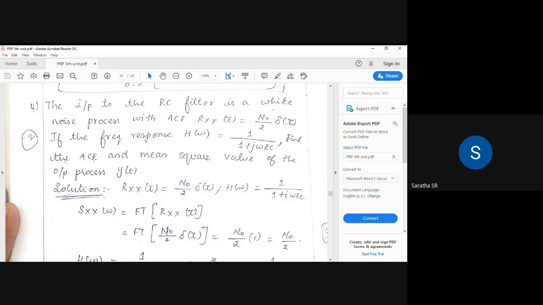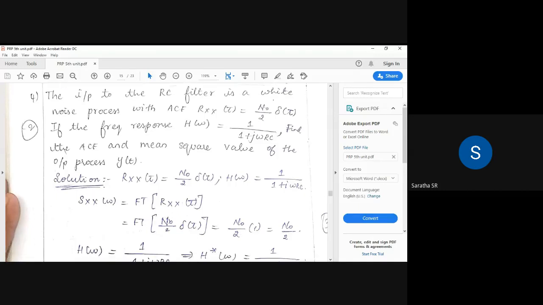So we already studied one theorem: S_yy of omega equals S_xx of omega times modulus h of omega the whole square. With the help of that theorem only, we have to find the S_yy of omega term. From that we have to find R_yy of tau with the help of inverse Fourier transform.